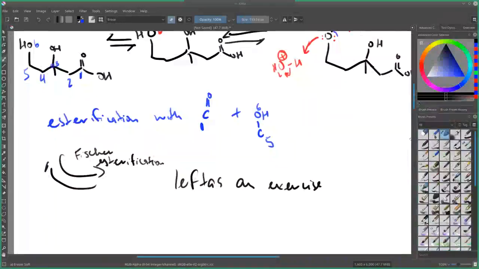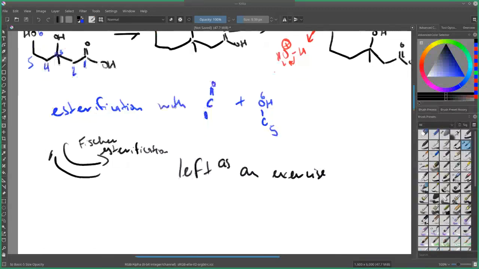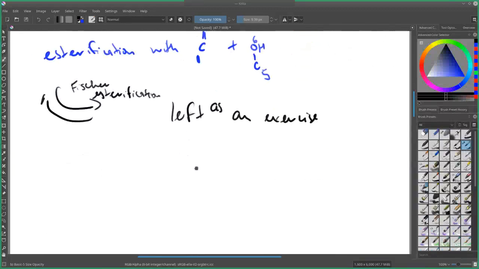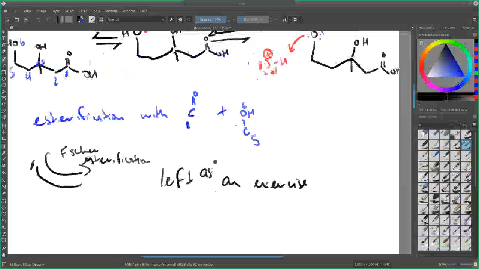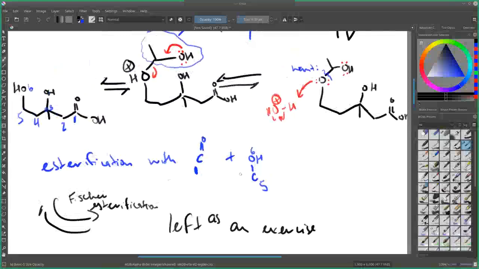So you know which ones it's between, and you've seen the mechanism for Fischer esterification before, and it's good practice because it's really one of the most common things you do in Orgo 1 and 2. So, yeah, I will leave you to do the Fischer esterification.